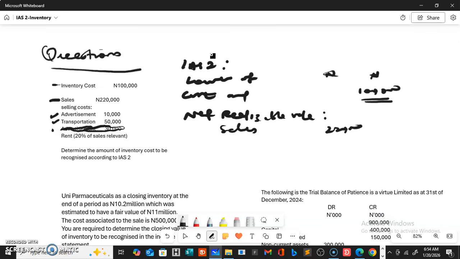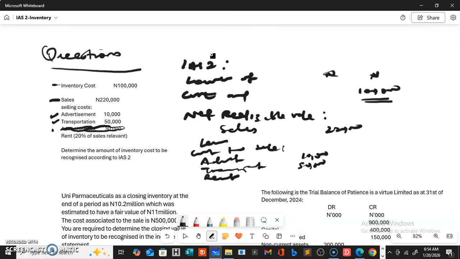Less cost to sell. Our cost to sell: we have advertisement of 10,000, transport of 50,000, then we have rent.